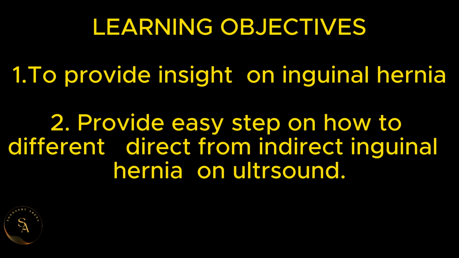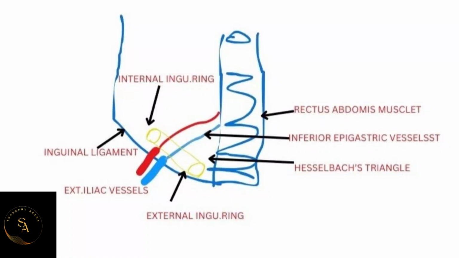Before we go into the ultrasound images, let's quickly do a brief anatomy review. The inguinal region or the iliac region is a junctional area between the thigh and the lower abdomen. In this region, there is an inguinal canal.